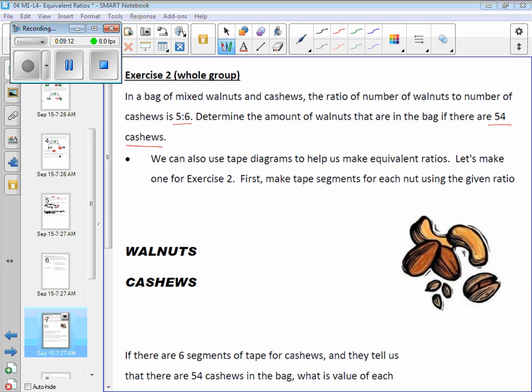What's my tape diagram going to look like? How many boxes by how many boxes? Right. Our given ratio is always our tape diagram. There's my 5 by 6.